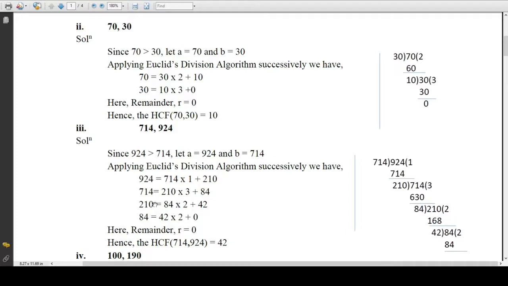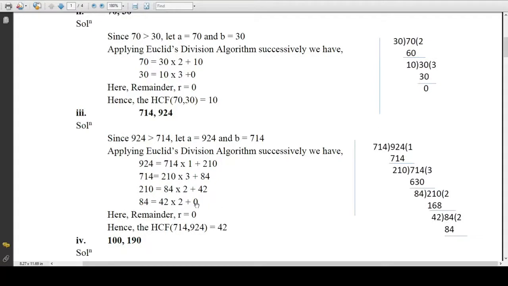Again you take 210 divided by 84, you'll go with 2 is 168, remainder is 42. Now 84 divided by 42, you go with 2 is 84, remainder will be 0. Hence the HCF will be the last divisor, which is 42.